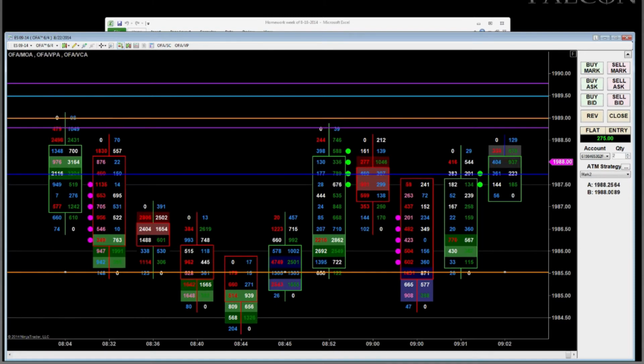Watching the profile take shape here. A little bit of a low volume area at 87.25. Yellen has just started speaking.